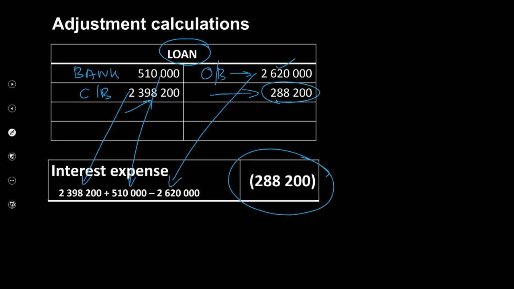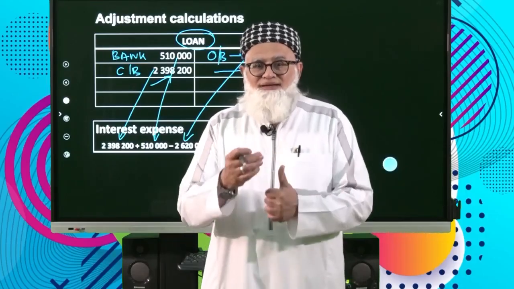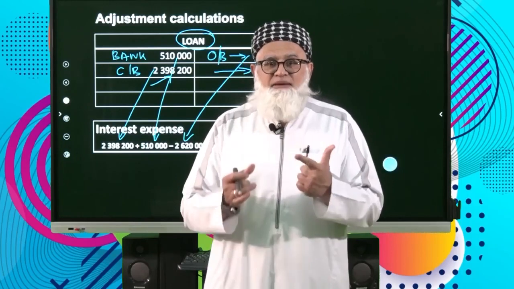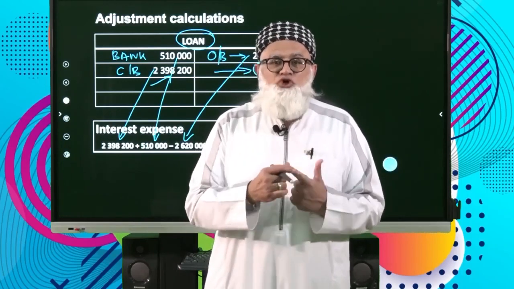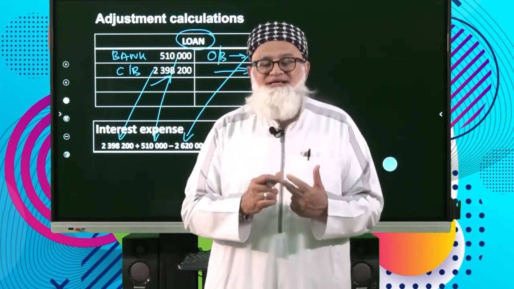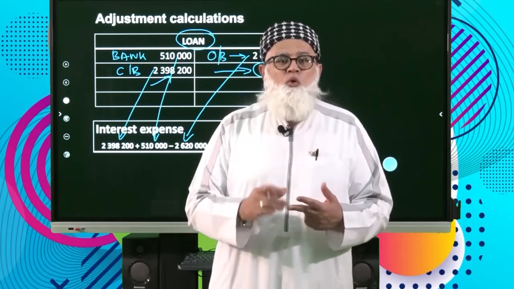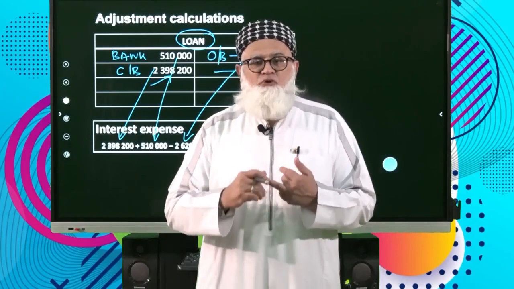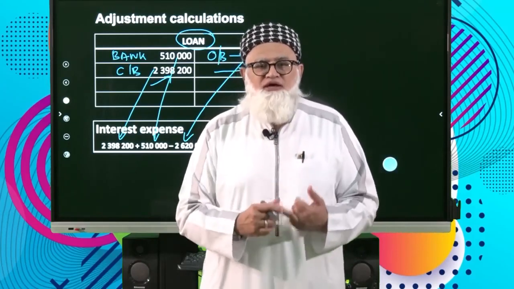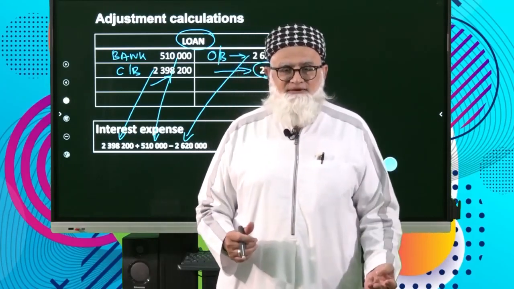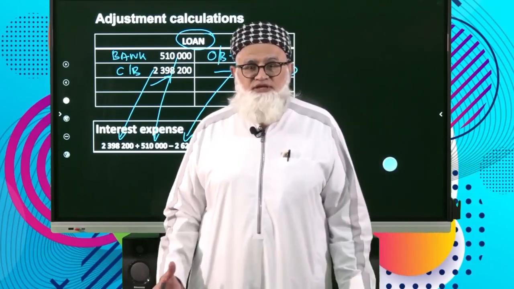Okay, so when you're dealing with the loan, step number 1, opening balance. Step number 2, your bank, your repayments, the total amount. Step number 3, bring in your closing balance. Once you've done all of that, your missing figure will be your interest expense, right? What's the double entry for the interest expense?